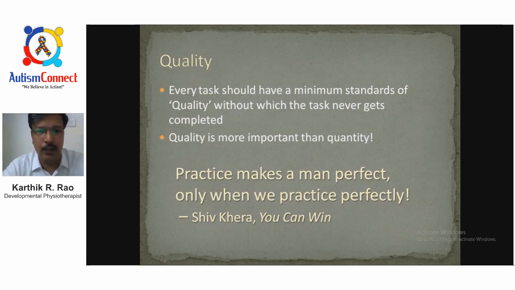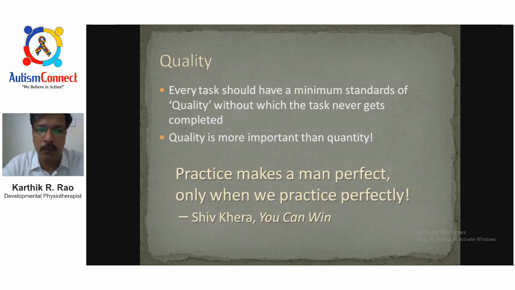Now the child knows when the task is going to end. If it is swing, you're going to use a timer. If it is a puzzle, you're going to use coins to make him do it 5 times or 10 times. It could be putting cups one inside the other, or stacking rings. Again, anything which requires practice, you will use coins.